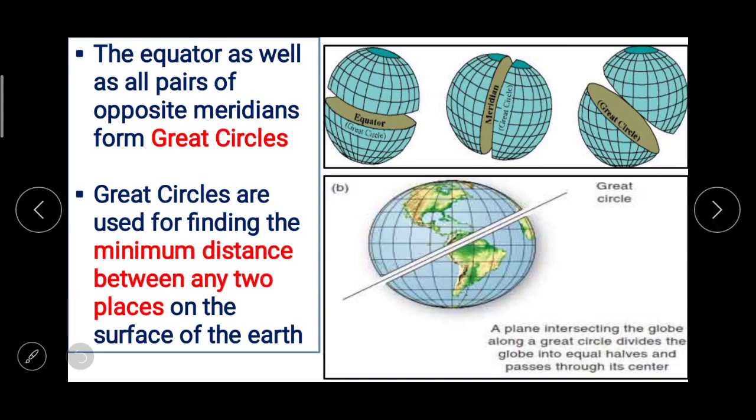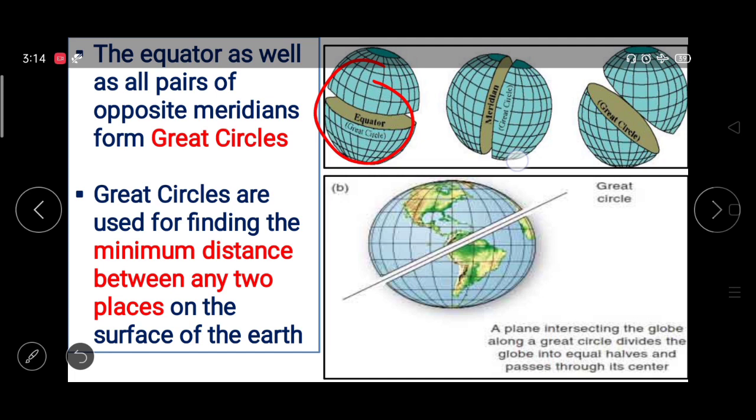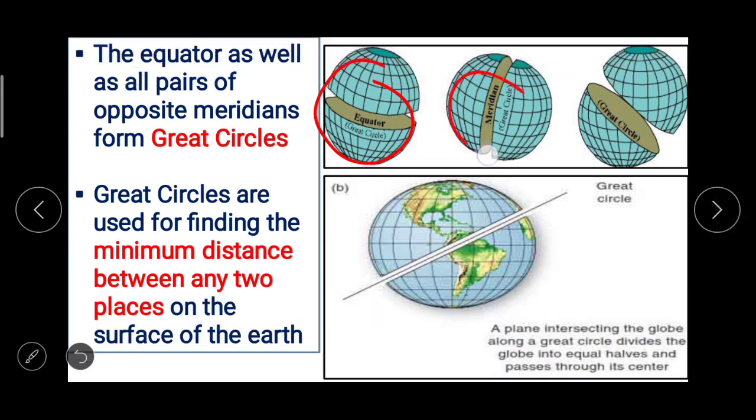And the last point of the lesson, the equator as well as all pairs of opposite meridians form great circles. Here now again you can easily understand it with the images. Great circles are used for finding the minimum distance between any two places on the surface of the earth.